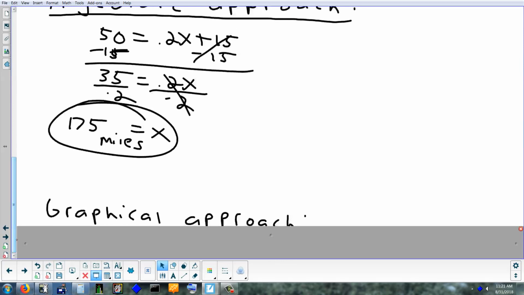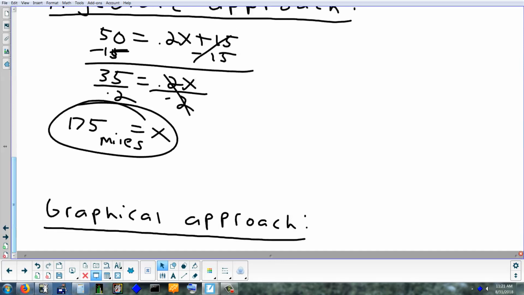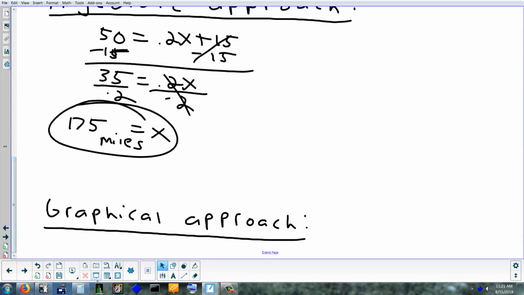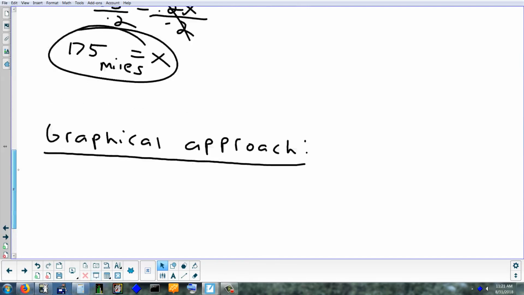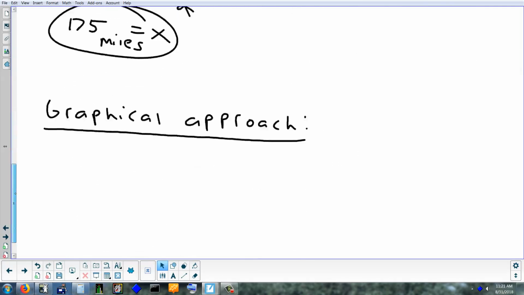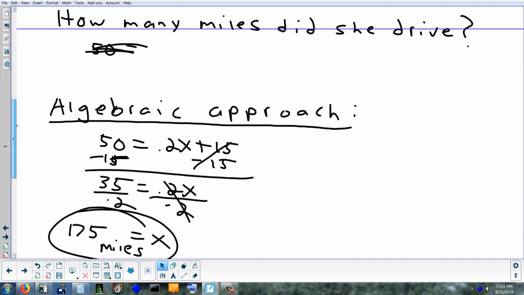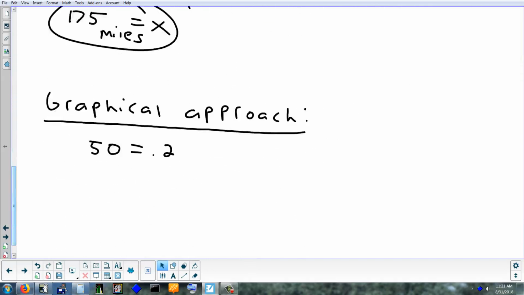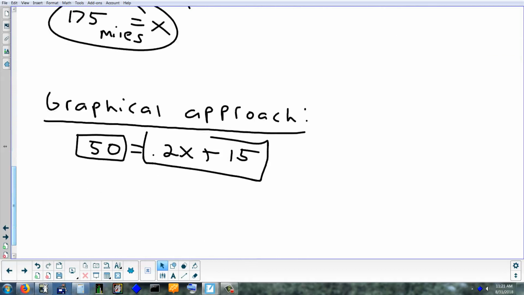Okay. Now I'm going to show you how you can do the same thing on the calculator. So I'm going to take the same equation you just had: 50 equals 0.2x plus 15. To do this, I'm going to treat these as two separate things.